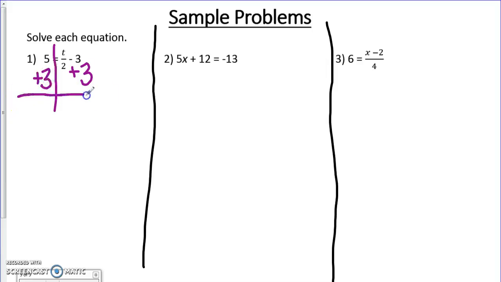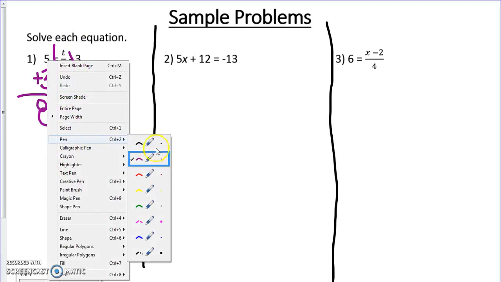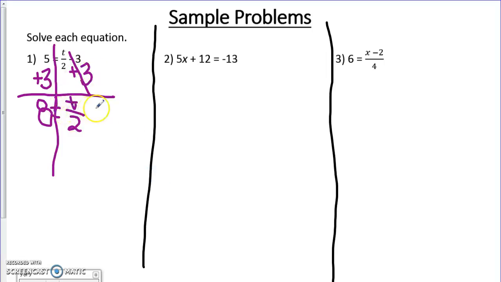Remember, carry the vertical line. So 5 plus 3 is 8 equals, you didn't do anything to t divided by 2. And remember, negative 3 plus 3 is 0. So now you have 8 equals t divided by 2. How do we undo dividing by 2?